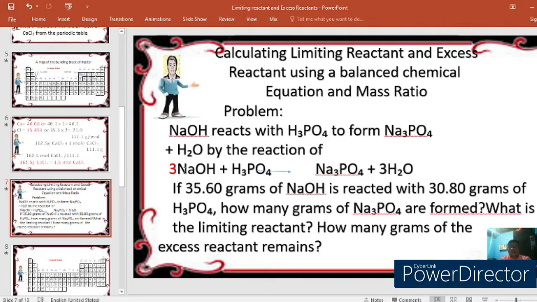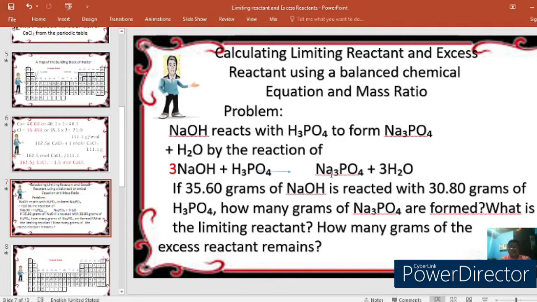Sodium here has a coefficient of 3, so meaning sodium has 3 atoms in the reactants, while in the products sodium has a coefficient of 1 times the subscript of 3, that is equivalent to 3. So our sodium has 3 atoms both in the reactants and in the products.